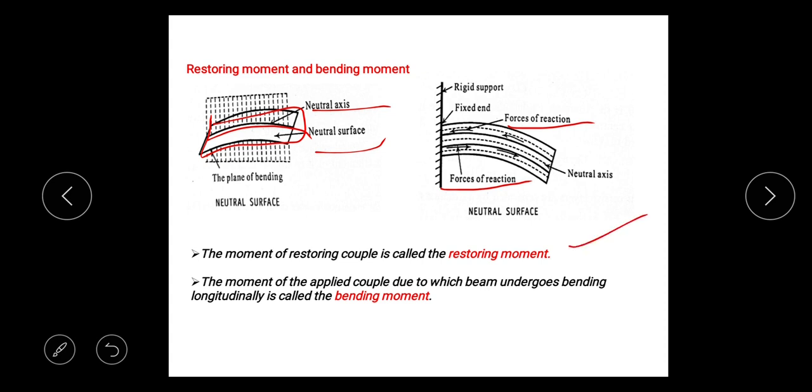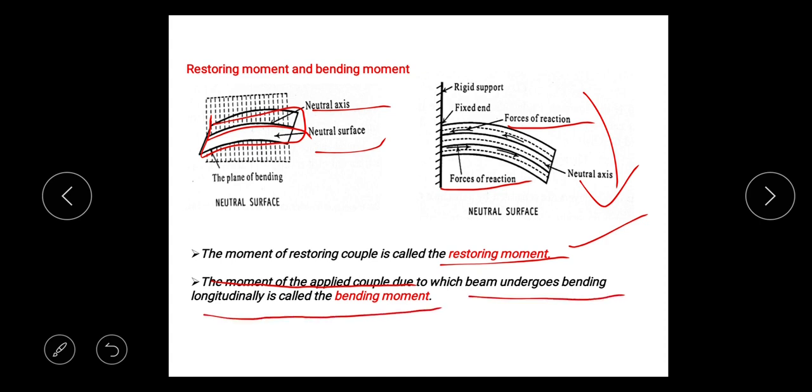So this is the definition for restoring moment. Similarly, due to the applied force, we are applying force here, there exists another moment that is called the bending moment. The moment of the applied couple, due to which the beam undergoes bending longitudinally, is called the bending moment.